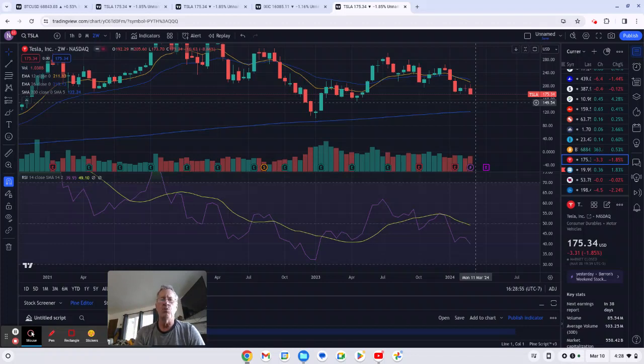When there's an area of support established or an area of resistance, you usually are stuck in that area for a while before you finally set the bottom or set the top.